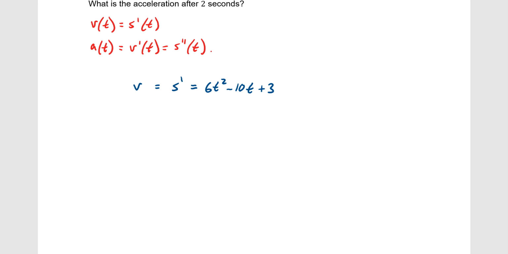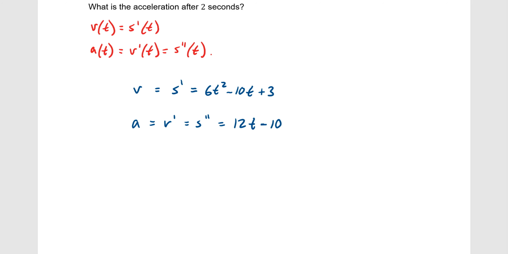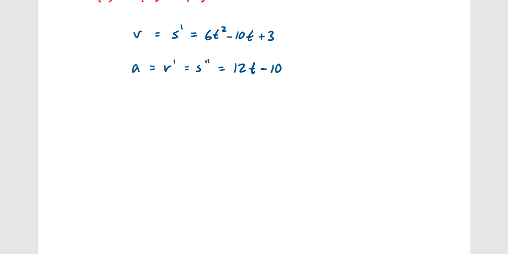If you really want to, you can write acceleration equals v prime equals s double prime. You don't have to write all that. I'm just doing it so we know all of these relationships. So taking the derivative here, we get 12t minus 10. And that is actually our acceleration function.